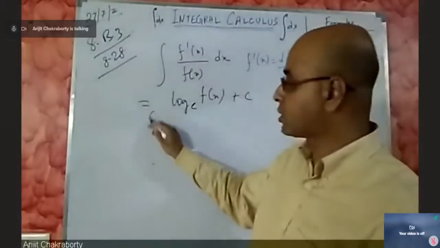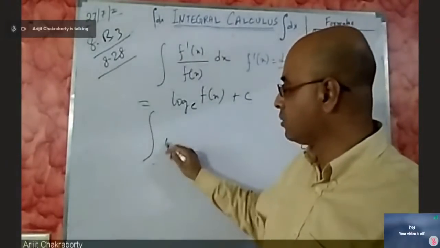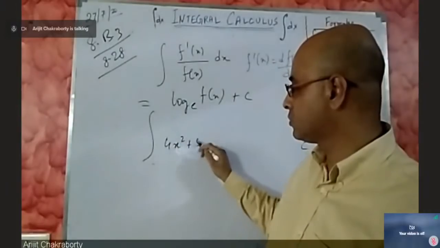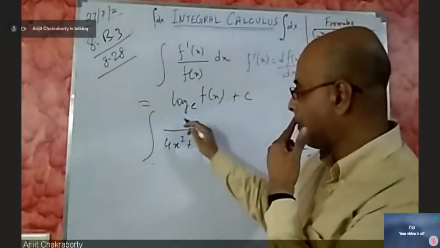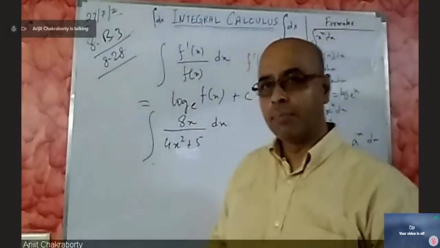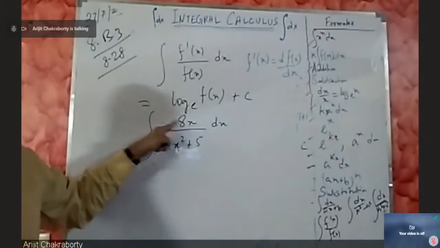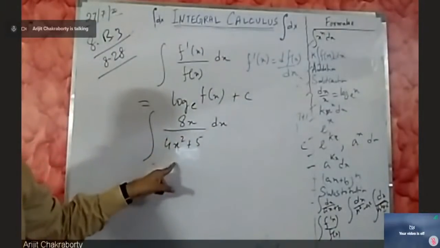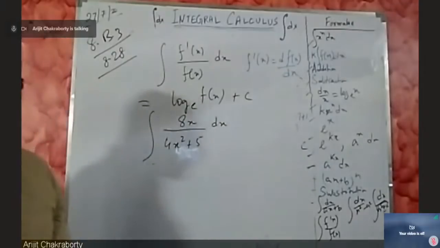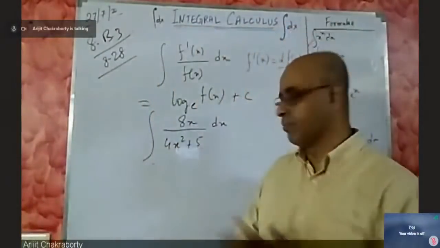Let me give a small example, you will understand. Say for example, please see the example very carefully. You have 8x dx divided by 4x square plus 5. Do you see any relation between the numerator and the denominator?